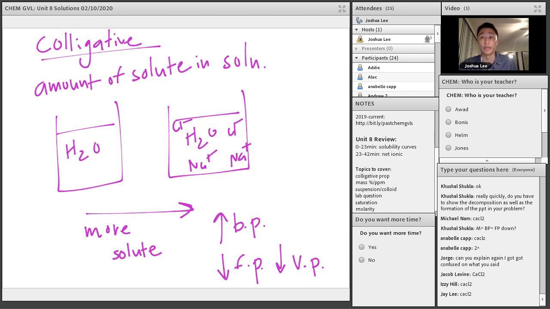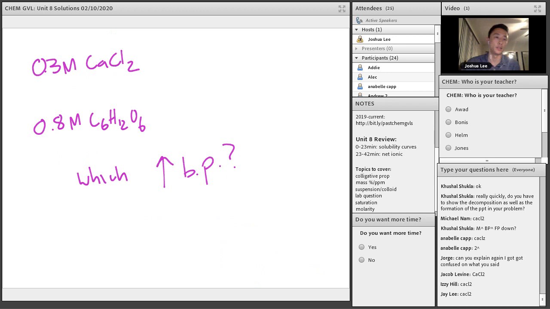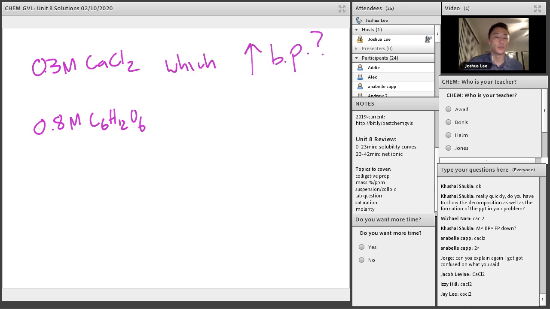So you have to figure out, hey, how much stuff is in water? So we go back to here. In order to do that, we have to do dissociation equations first. So what you do is, all right, let's see. So I have CaCl2, solid, and I'm dumping it in water.